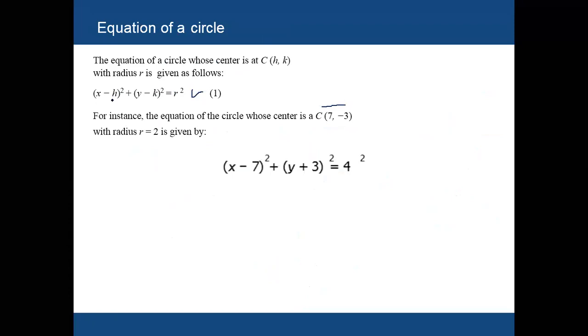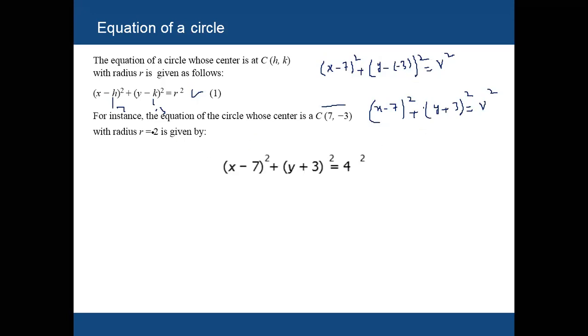So h and k are given, where h is 7, the x value, and k is minus 3. So how can we write the equation? x minus 7 whole square plus y minus k, but k is actually minus 3, whole square equal to r square. So x minus 7 whole square, and y minus k, so minus into minus becomes plus 3 whole square equal to r square. So this is the equation.